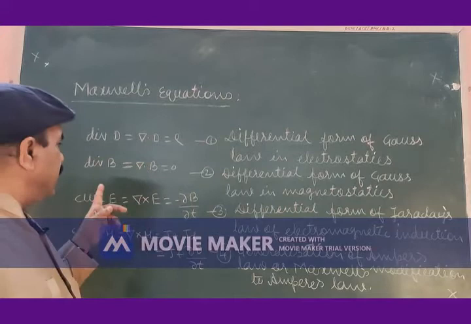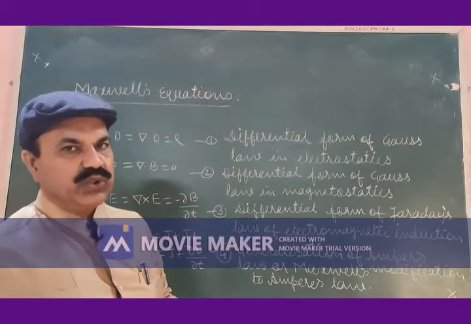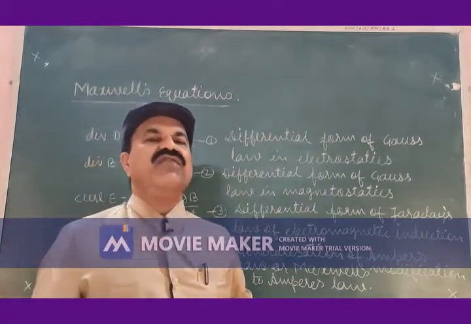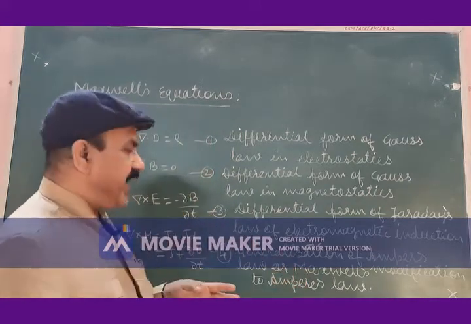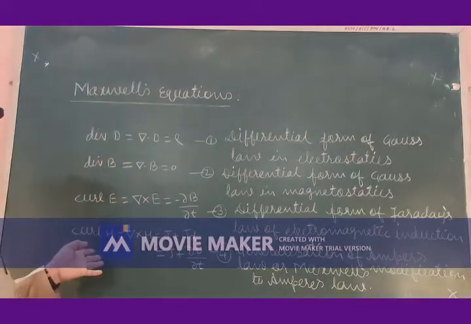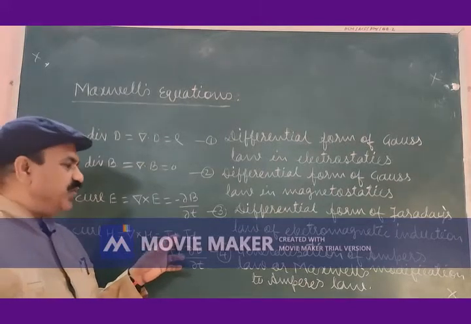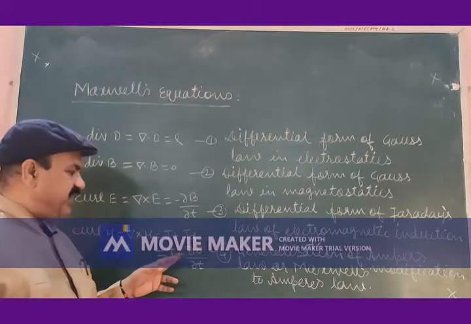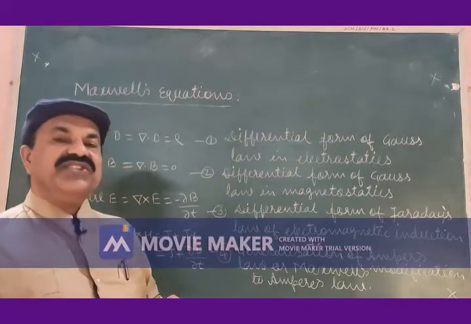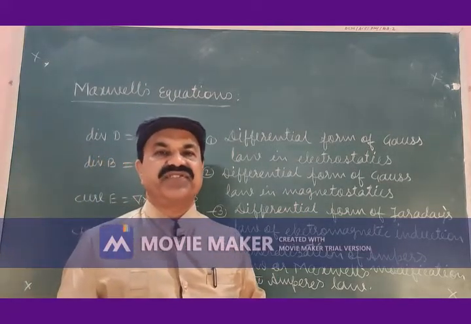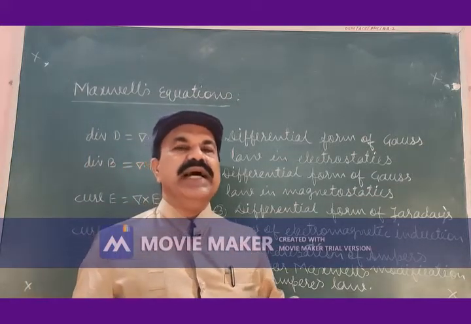And the fourth one is curl H is equal to del cross H is equal to J plus dou D by dou T. And what is this? This is generalization of Ampere's circuital law, or this is the Maxwell's modification to Ampere's law.